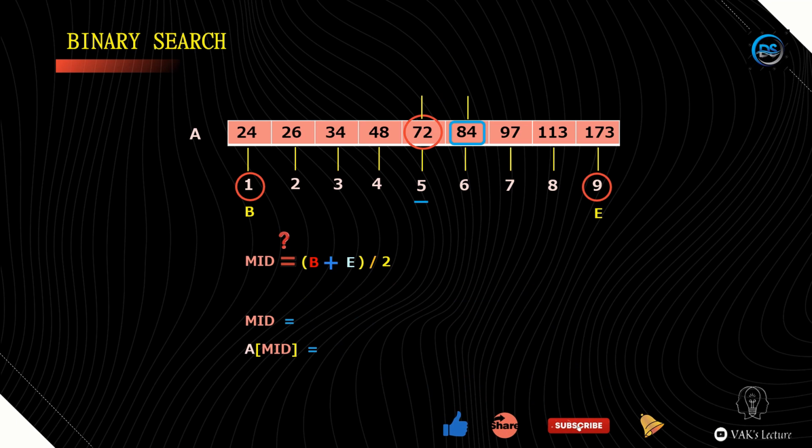Then how will we go to the new list? For this, we will check whether the element that we need to search for is greater than the mid element or not. Since such element is greater here, in which direction will we move?